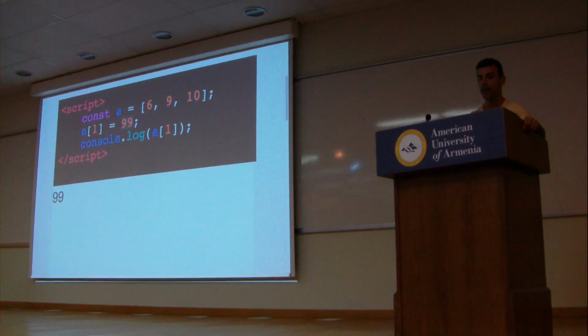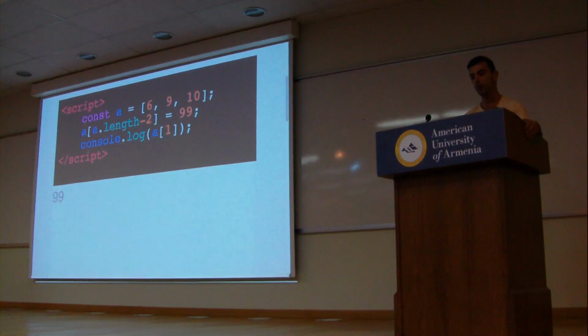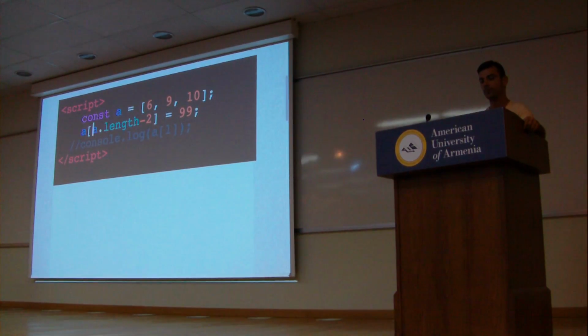Okay, now if I were to do this, A dot length minus 2, what would happen? What did I just do? What is A dot length? 3 minus 2? 1. So I've changed whatever is at index 1 to 99. This is the index 1. If I do this, what would I change?